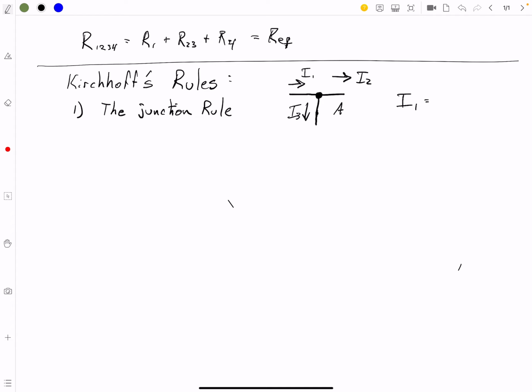I1 equals everything going out, I2 plus I3. Now, conservation of charge is where this stems from, because all the charge flowing in has to equal all the charge flowing out. So this is conservation of charge.